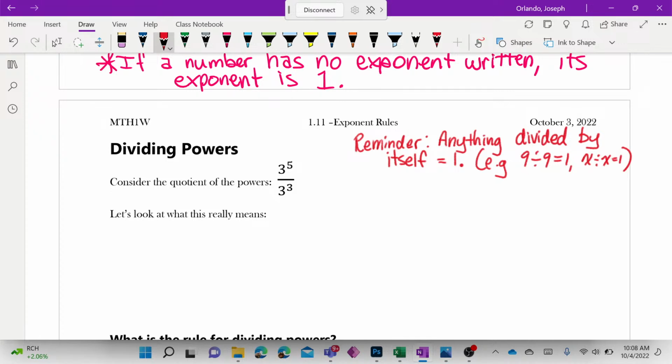Doesn't matter what x is. If you have $54 and you divide it among 54 people, everyone gets a buck. You've got $200 and 200 people, everybody gets a buck.